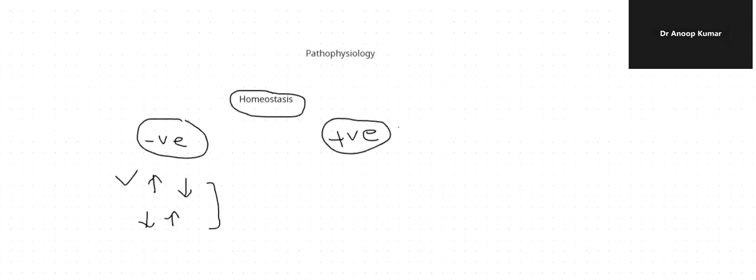पॉजिटिव फीडबैक सिस्टम मीन्स अगर आपकी बॉडी में कोई चीज बढ़ रही है, इंक्रीज हो रही है, तो बॉडी ने उसके रिस्पॉन्स में वो चीज और बढ़ाई, या बॉडी में कोई चीज कम हो रही है तो बॉडी ने उसके रिस्पॉन्स में वो चीज और कम की.